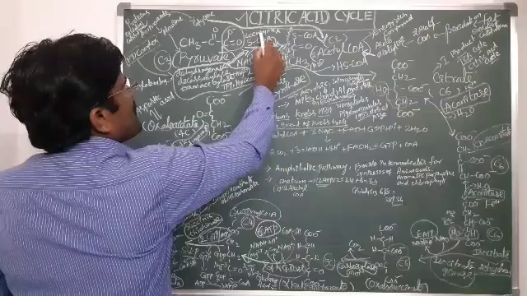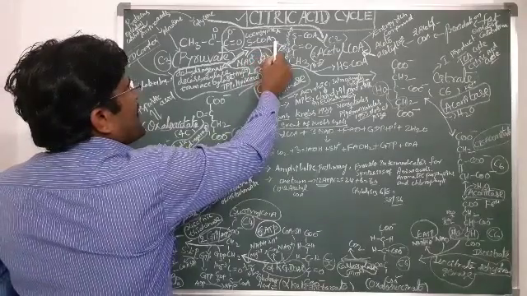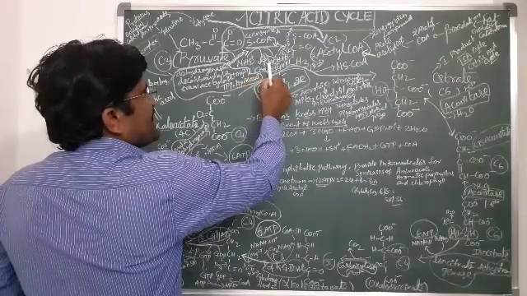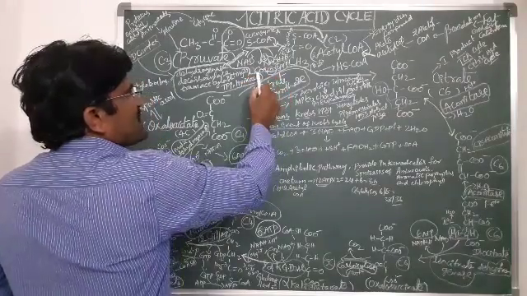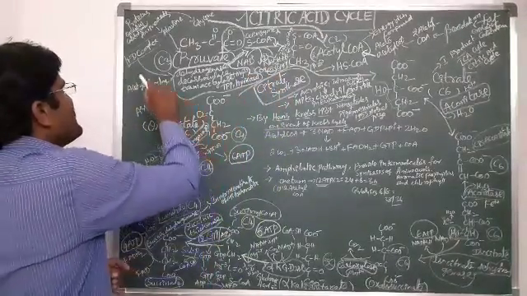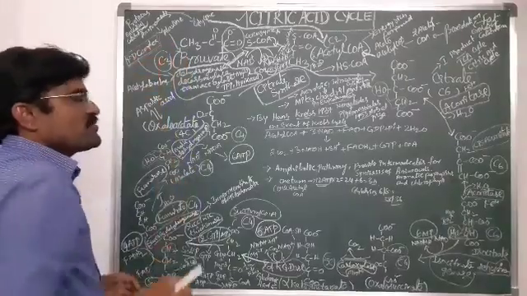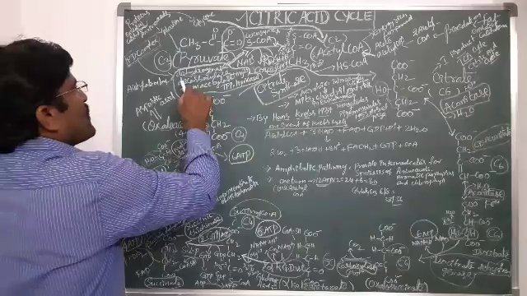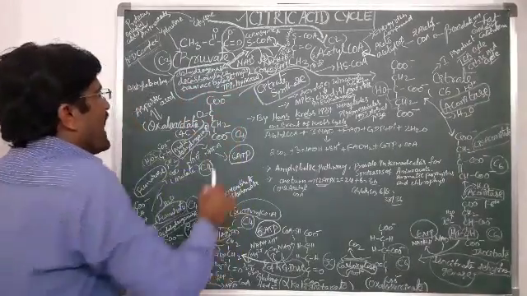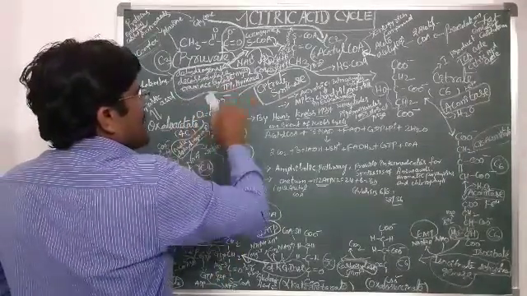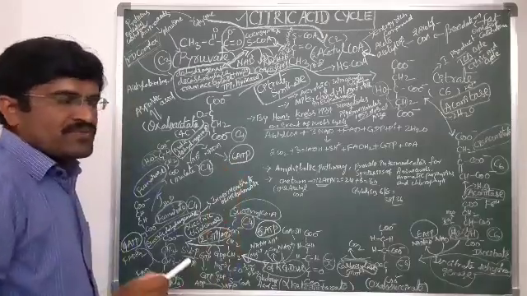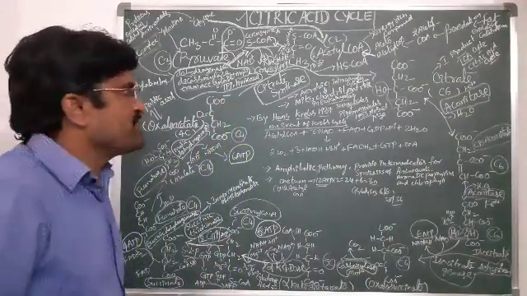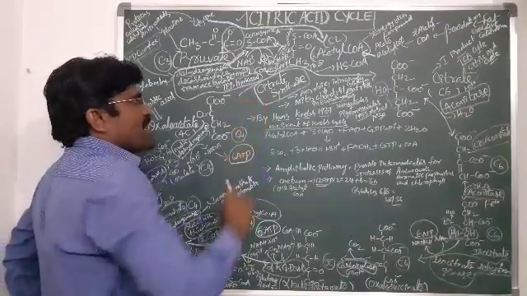Here coenzyme involvement is there. CoA is added, and as reducing equivalents NAD plus is added, and we get NADH plus H plus, and CO2 is also liberated. In this pyruvate dehydrogenase complex, we have the dehydrogenase enzyme, the decarboxylase enzyme and the transacetylase enzyme, along with Mg2 plus, TPP (thiamine pyrophosphate) and lipoic acid also required.